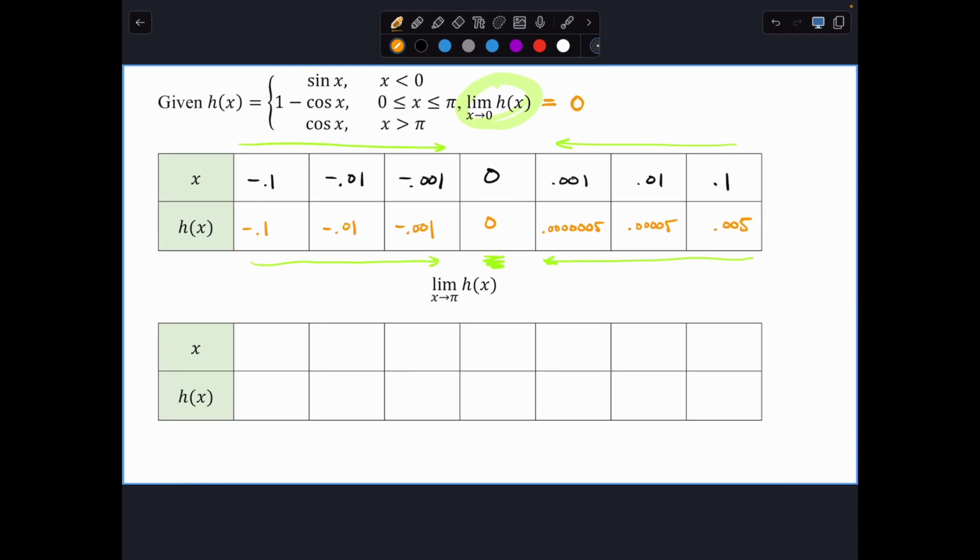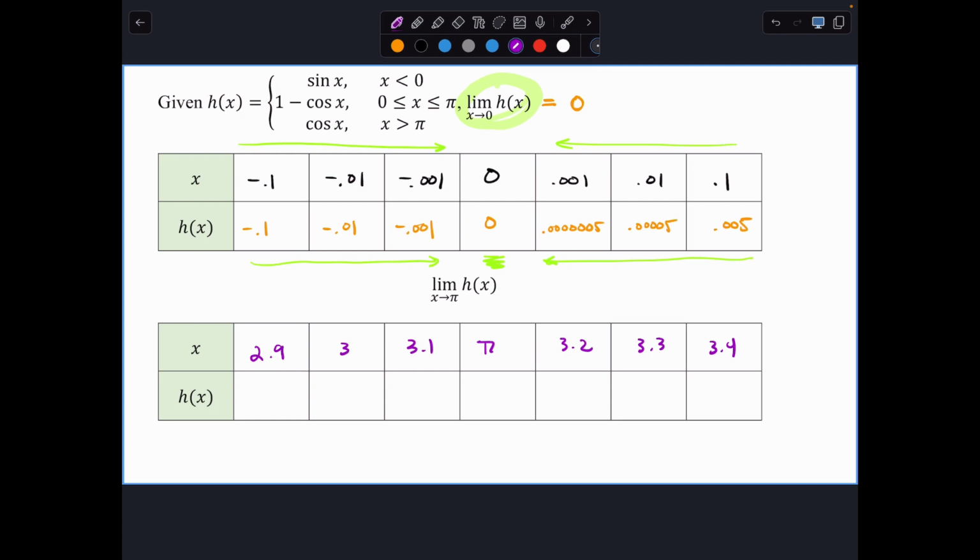Okay, for pi, I'm going to put pi in the center. I'm going to do like 2.9, 3, 3.1, 3.2, 3.3, 3.4.